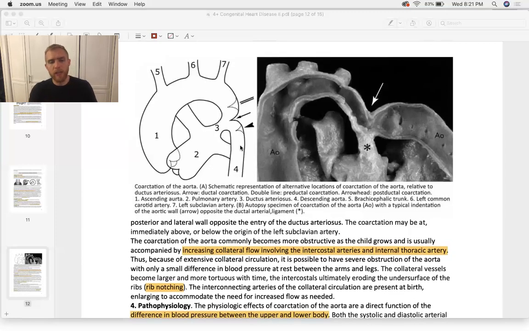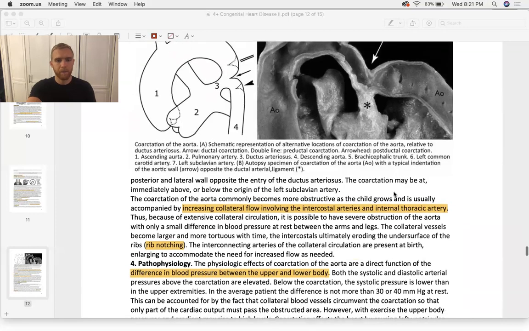This coarctation can get worse and worse gradually, because it's imposing a high afterload on the left ventricle, and eventually the left ventricle will not be able to push blood through that coarctation, and so you will see the presentation of a coarctation in an adult when their left heart fails.